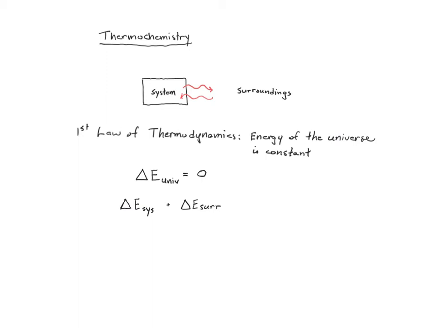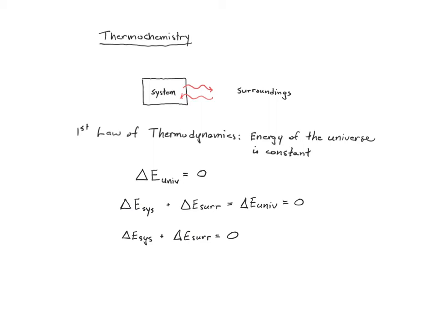So any change in the energy of the system plus the change in the energy of the surroundings must be equal to the change in the energy of the universe. But we already know that that equals 0. So any change in the energy of the system plus any change in the energy of the surroundings must be equal to 0.